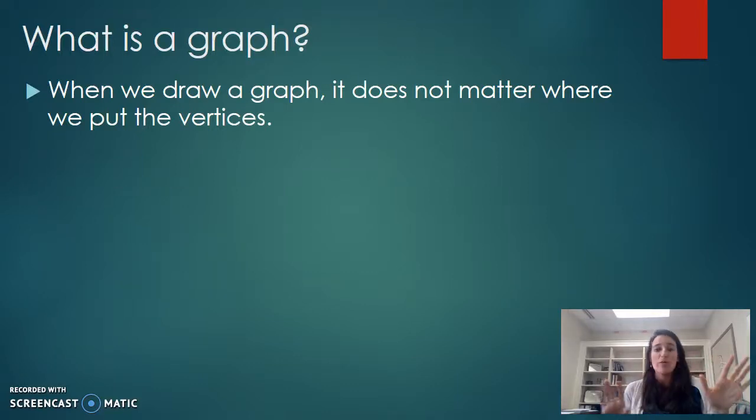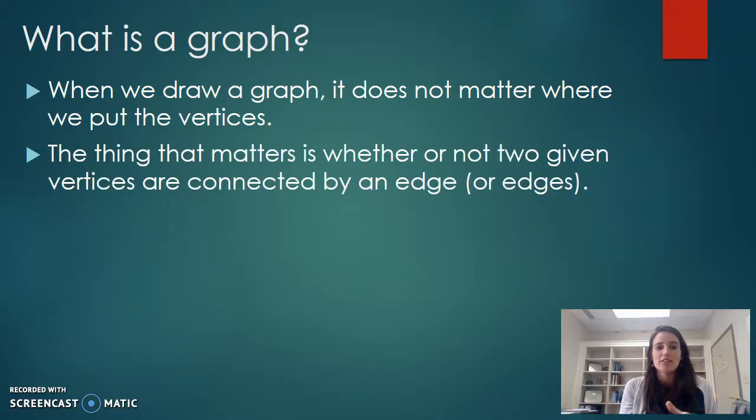You can order them however you like, you can space them out as far as you like, you can put them as close together as you want. So it doesn't matter what your overall picture looks like. The thing that matters is whether or not two given vertices are connected by an edge or edges.